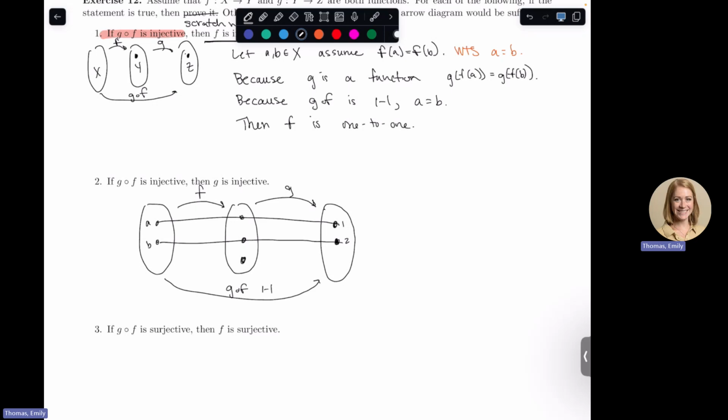If I put another point here and just send it to one of these guys, then the composition still, because the composition is going to ignore this because it doesn't exist in the domain of the composition, right? So overall, the composition would still be 1 to 1. But that second part, g by itself, is not, because you have this third guy going to one of those other two.